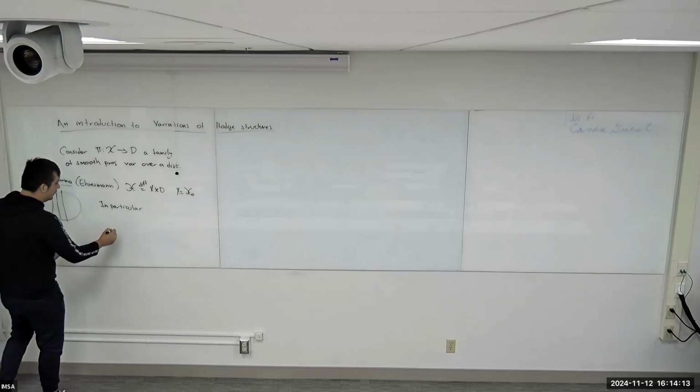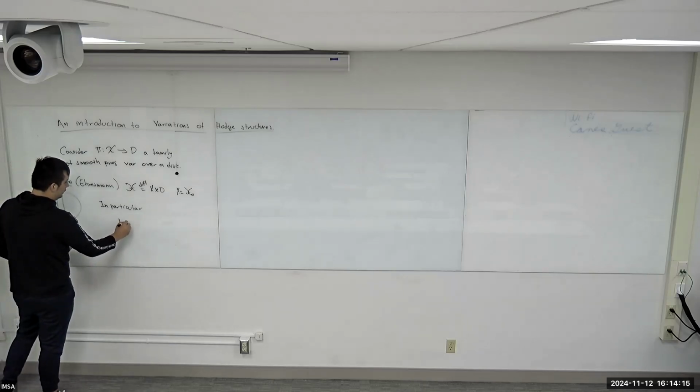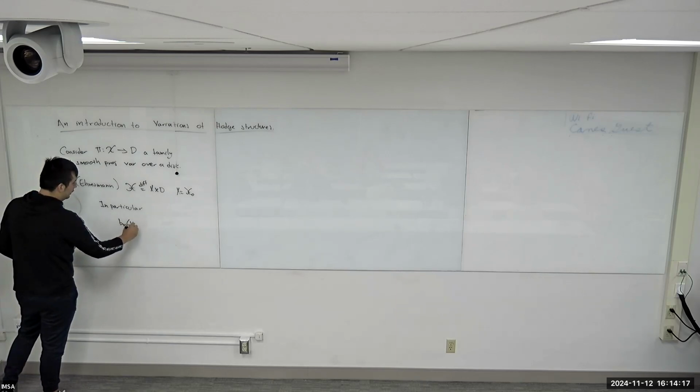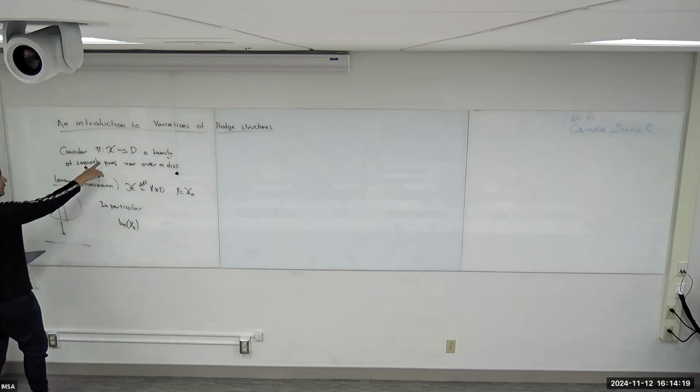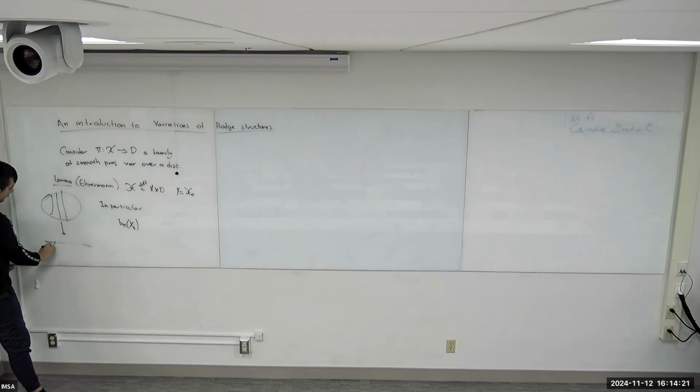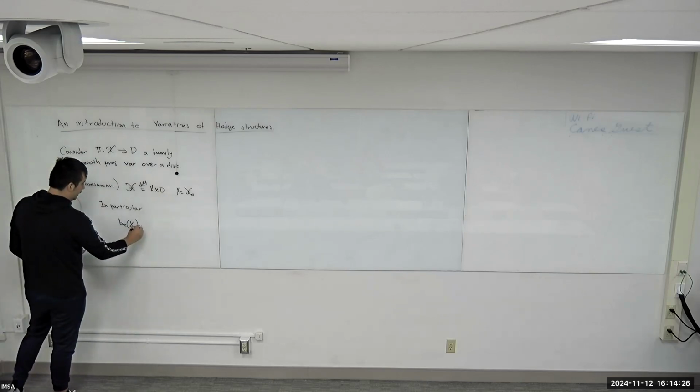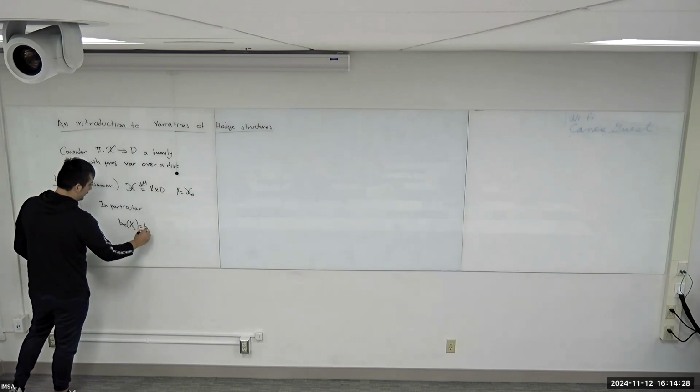In particular, the Betti numbers are going to be the same if you consider another fiber of this family and compare it with the central fiber, right?